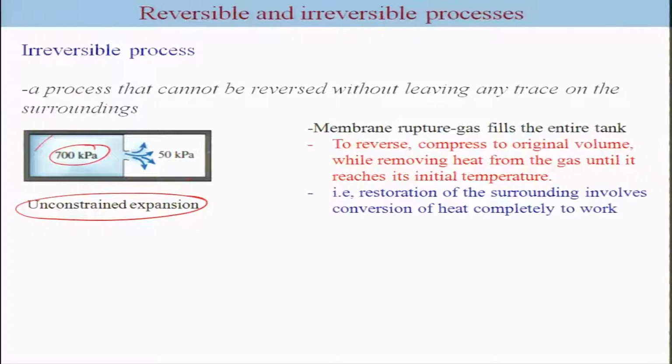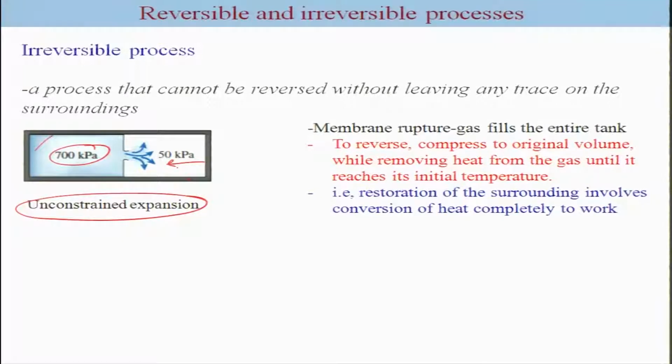Now, if you would like to return this back to the original state, we must try to push this gas back using some kind of a piston. While we push back, the pressure will increase, leading to an increase in temperature, but if you want to return to the original temperature, you have to take out heat.